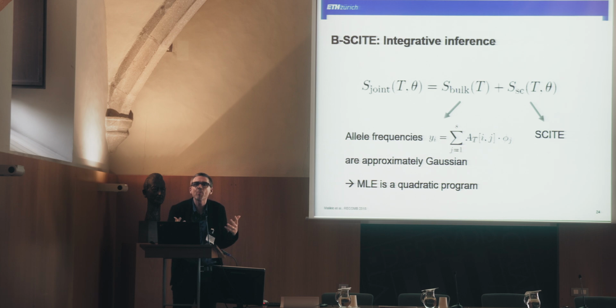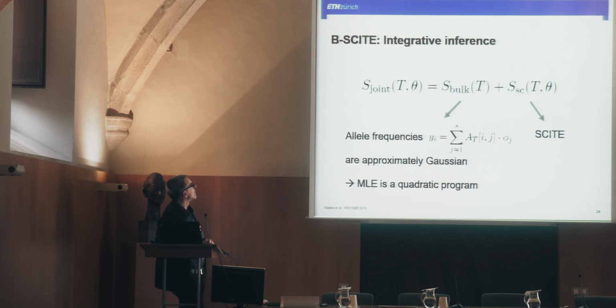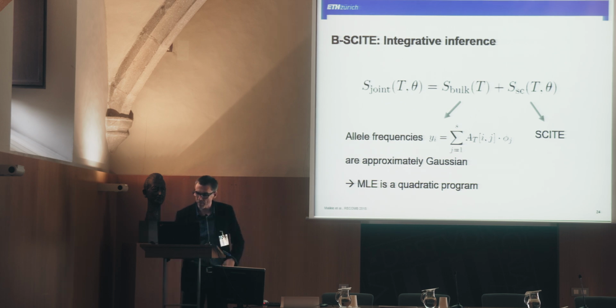That is the operation that describes the convolution, and you have to do inference on that, reverse, so deconvolution of it. And depending on how you formulate it, we assumed here a Gaussian distribution for the allele frequencies, and then the maximum likelihood problem for the bulk data becomes a quadratic program, such that we augmented now effectively our likelihood computation by this quadratic program.